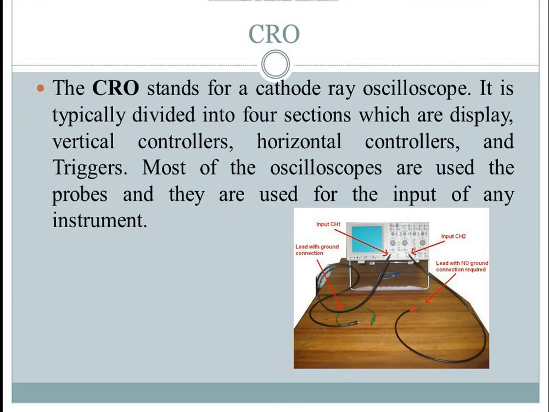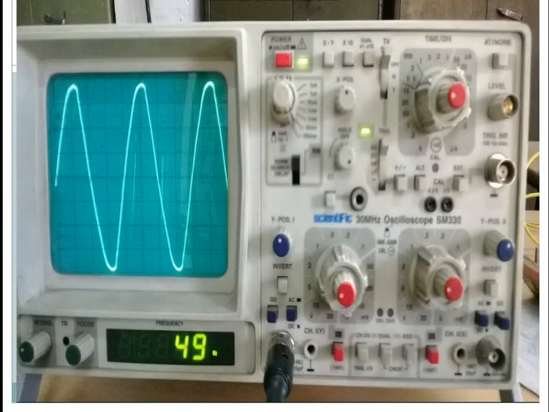CRO stands for cathode ray oscilloscope. It is typically divided into 4 sections: vertical controllers, horizontal controllers and triggers. Most oscilloscopes use a probe for the input of any instrument. In the CRO, first we have the power button to turn on the switch.